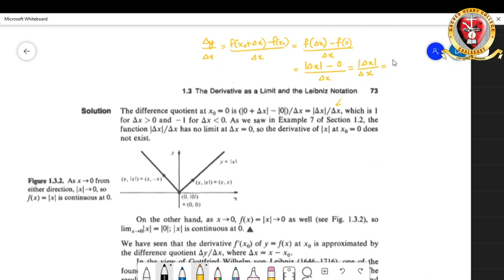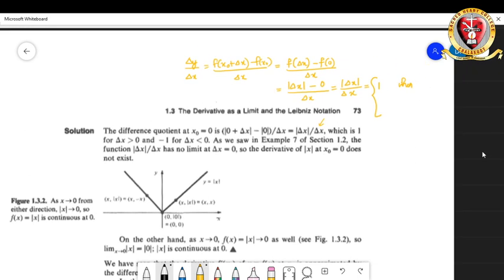You can split it into two parts: one, when delta x is strictly greater than 0, and minus 1 when delta x is strictly less than 0.